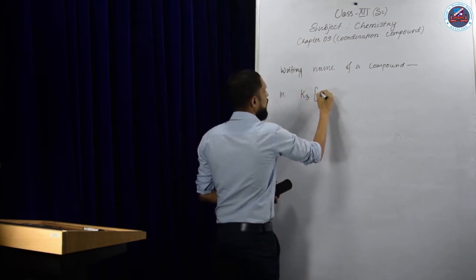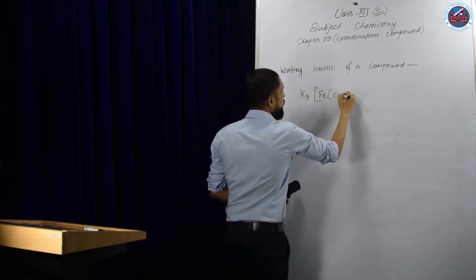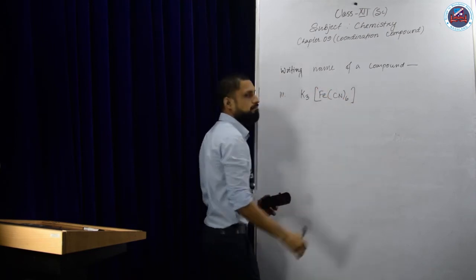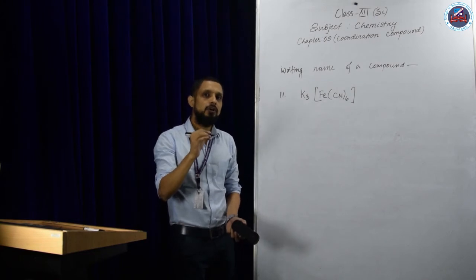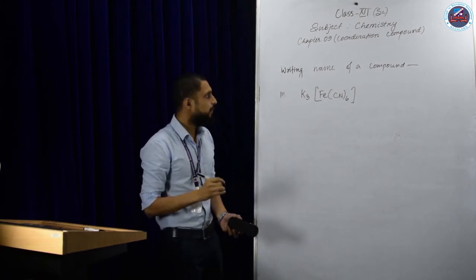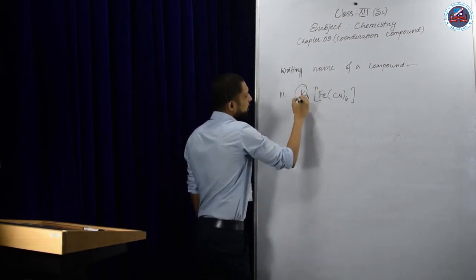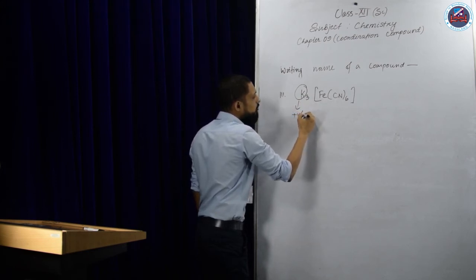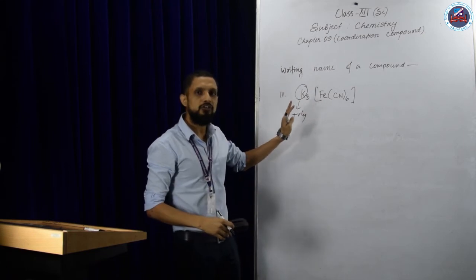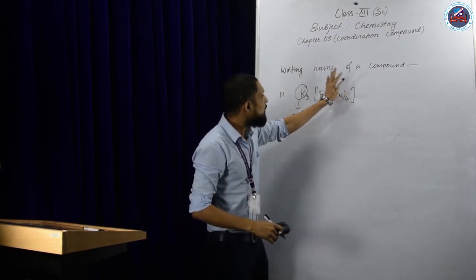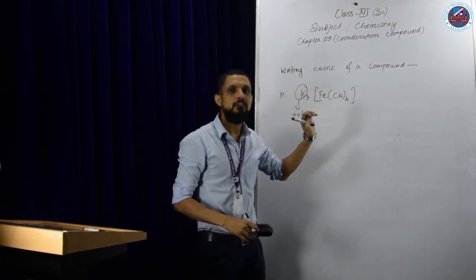Third example: K3[Fe(CN)6]. Here, this compound contains a counter ion, and the counter ion is K, which is positively charged. Since the counter ion is positively charged, the coordination entity will be negatively charged.